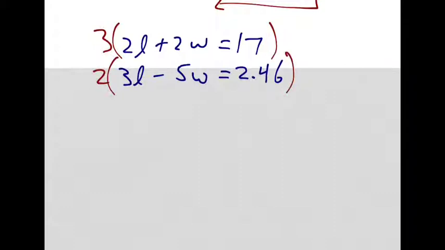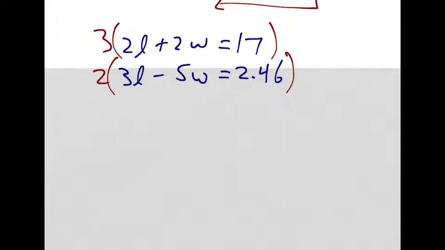If you want to eliminate L, multiply each whole equation by the other one's coefficient. If you wanted to eliminate W, you'd multiply the top one by 5 and the bottom one by 2. Does that make sense?